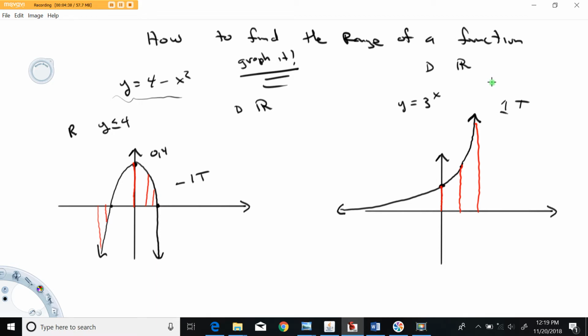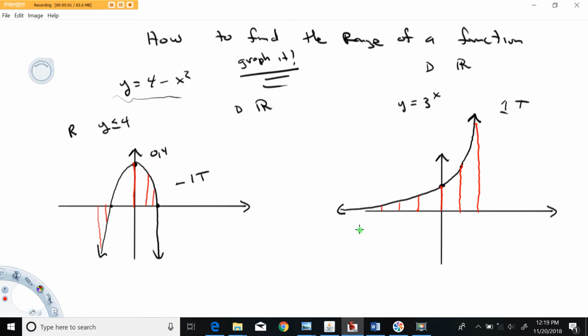No matter how big a number you choose, it's there somewhere. I can put in any value of y I want, big positive numbers, and I'm going to get a value of x out. Look at what's happening on the left. This is some value less than 1, quite a bit less, getting smaller and smaller and smaller. So the y values are heading towards 0.